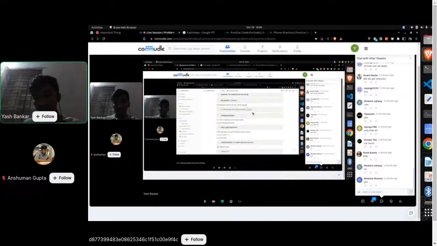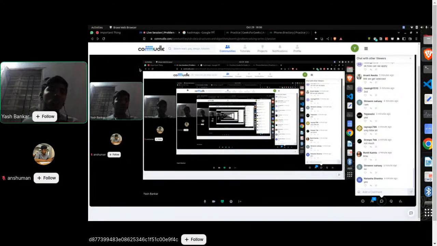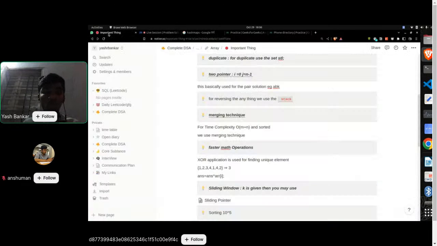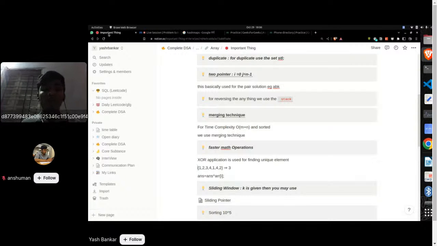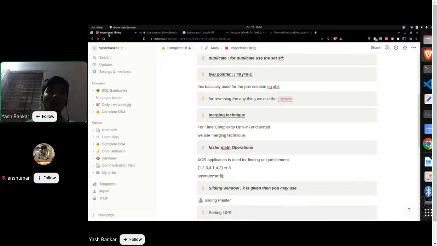So the trick is here: how do you smartly guess the question is of bitwise operator? As we all know, bitwise operators are very fast. Their operations are very fast.